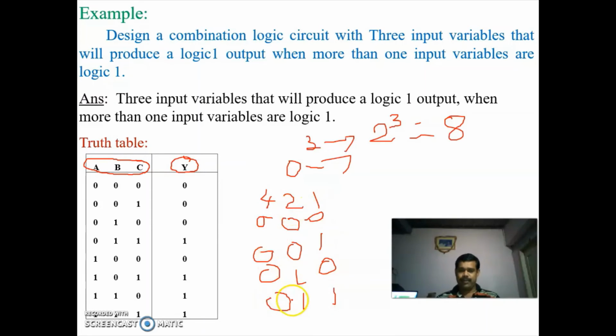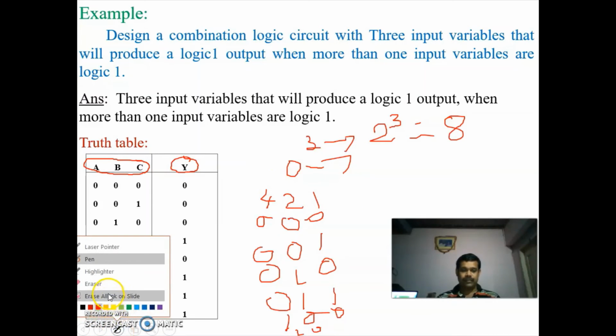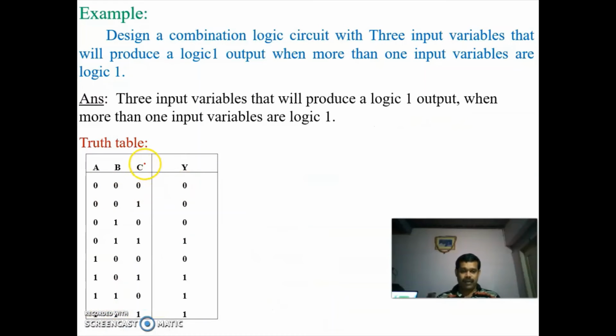Next one is 4, you put 1 below 4. Next 5 means 4 plus 1, so 1 0 1. Similarly 6, 4 plus 2, so 1 1 0. 7 means 1 1 1. So we have written the inputs from 0 to 7.